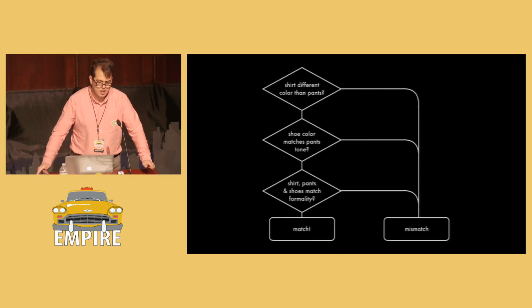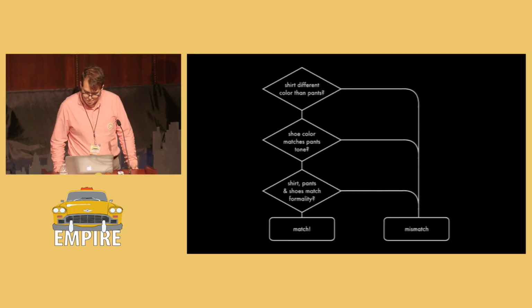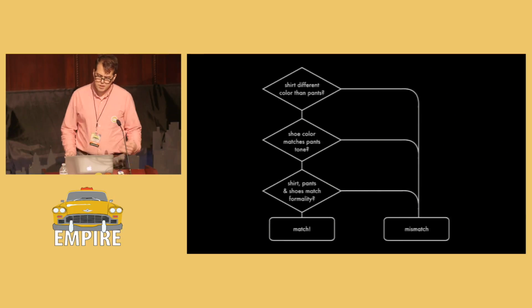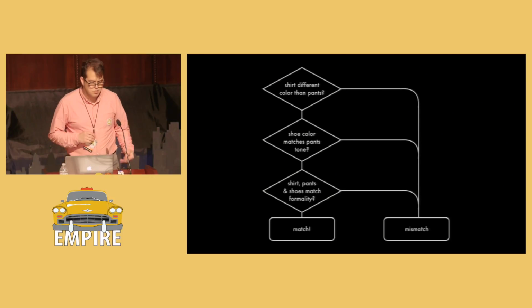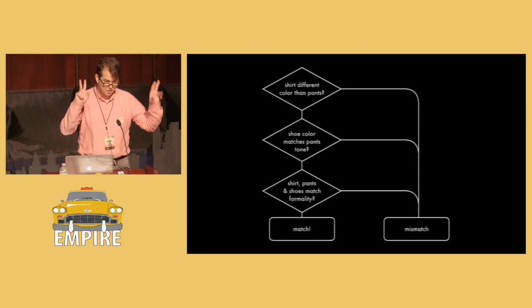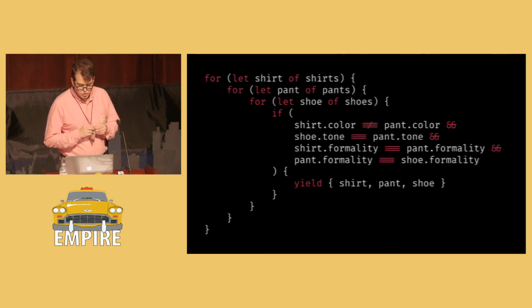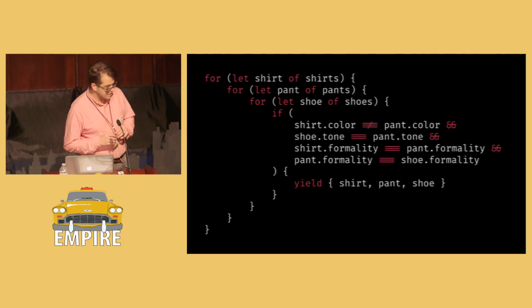But I want to talk a little bit more about the significance of the approach I'm taking for this problem. The typical way that we think about problem solving in software is following a sequence of steps, you know, the algorithm. The typical approach for finding matching outfits might look something like this.